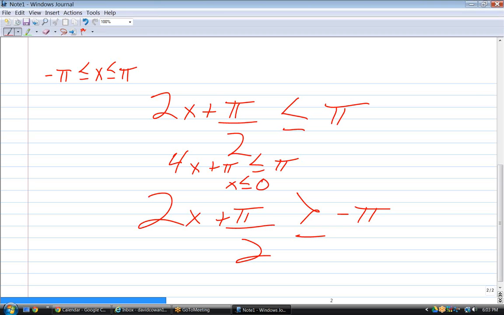Hold on a moment. Let's see, what did I do? Oh, I didn't put the 2 pi over there. Okay, so now I get x is less than or equal to pi over 4. Wait, why is it 2 pi? Well, because I multiplied everything by 2 to get rid of that denominator.